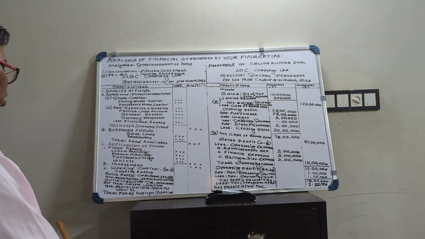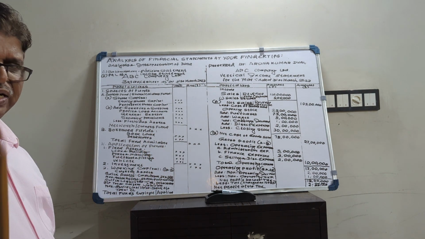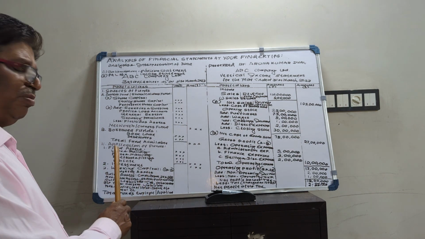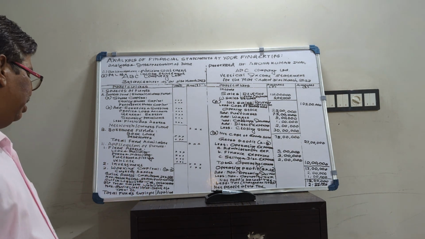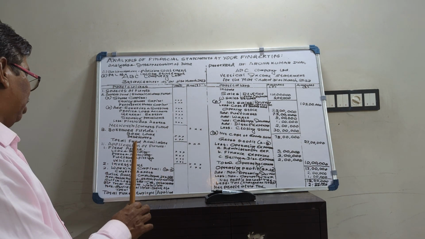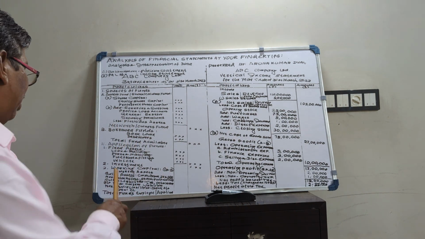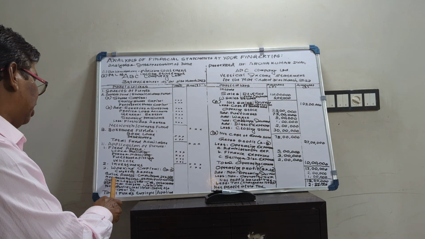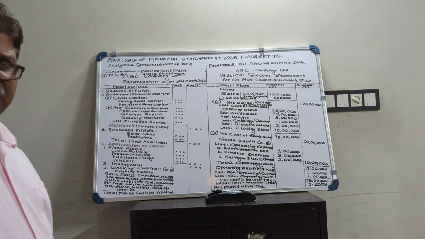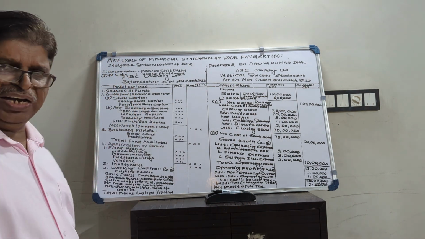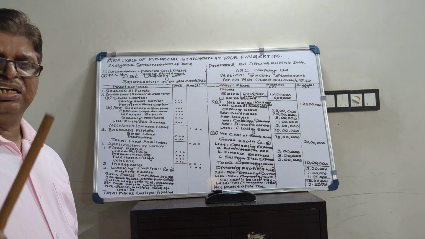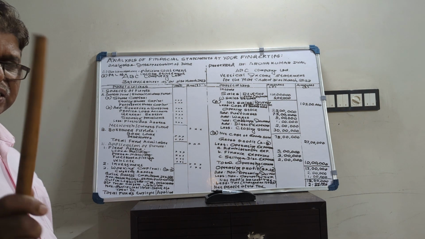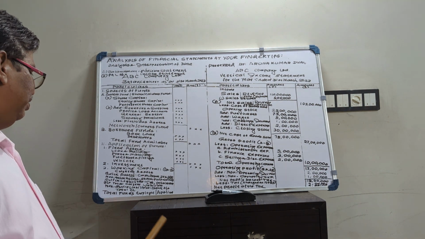Working capital is current assets minus current liability. That means the excess of current assets over current liability is working capital. In the current assets, we have to divide it under two heads. One is quick assets, another is non-quick assets. We have already discussed in ratio analysis what the current ratio is. Current ratio is current assets divided by current liability.